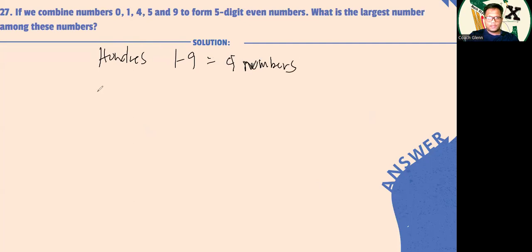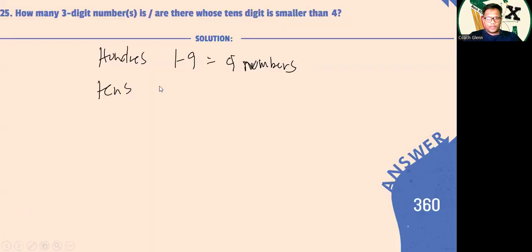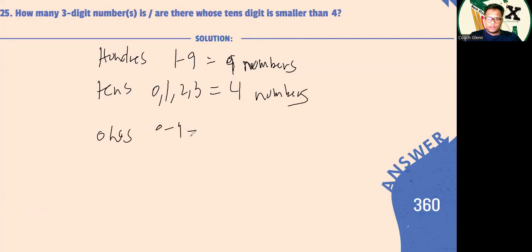For the tens, oh wait, this is not the one. So for the tens, you can choose from 0, 1, 2, and 3, because it should be less than 4. So that's equal to 4 numbers. And then for the ones, you can choose from 0 to 9. So that's equal to 10 numbers.